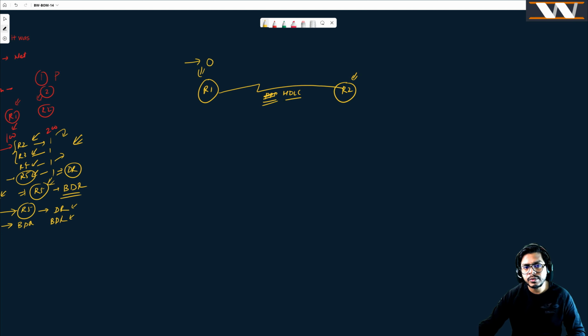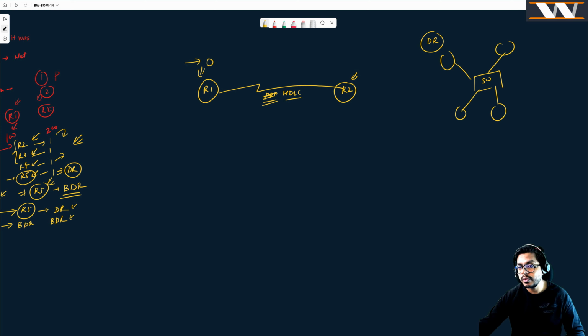Now just try to think about why we are electing a DR or BDR. The sole purpose was that if we have a switch, and this switch is connected to more than one router, maybe 3 or 4, we do not want excessive flooding of LSAs on this network.